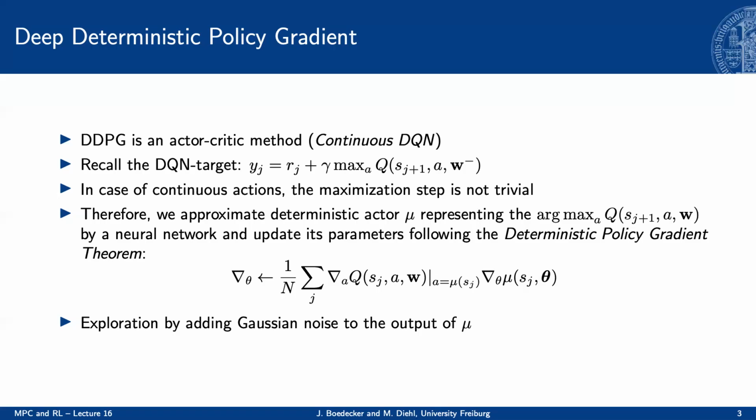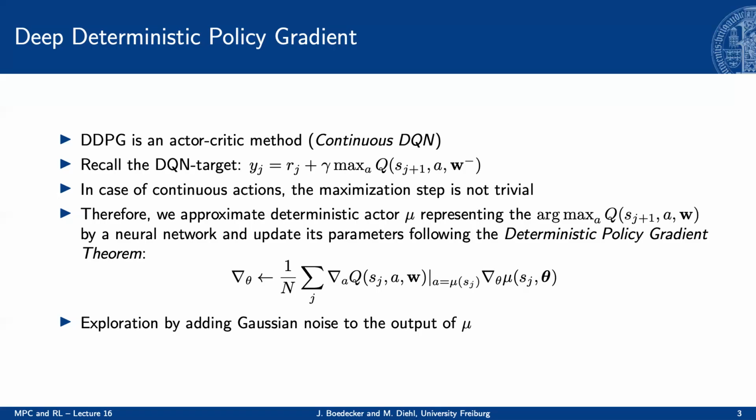We take the gradient of that with respect to the policy parameters, and we evaluate our Q function and take the gradient with respect to the action A at this particular action. That's the update that we need for our policy parameters theta in order to get to higher Q values. So we do gradient ascent on that gradient.